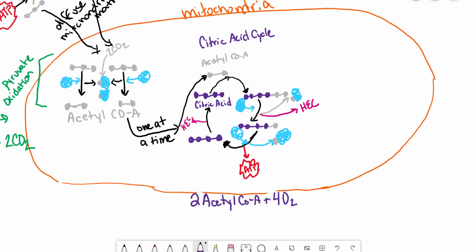And what we ended up with was 4 carbon dioxide, because remember, the acetyl-CoA has to go through twice, plus some high energy compounds, and a couple of ATP. All right, not a lot, anywhere between 2 and 4, depending. Usually I just say 2, but some places they'll say 4. Either way, that is the citric acid cycle and pyruvate oxidation.